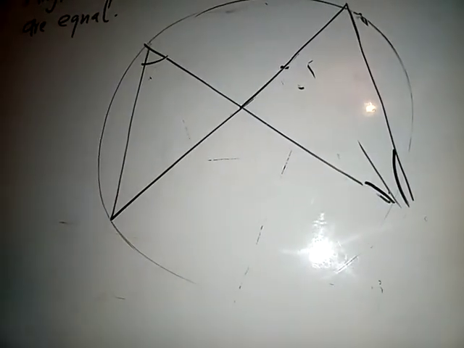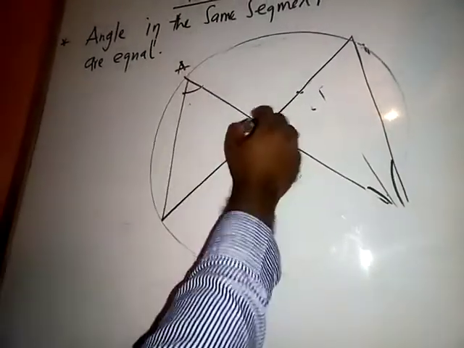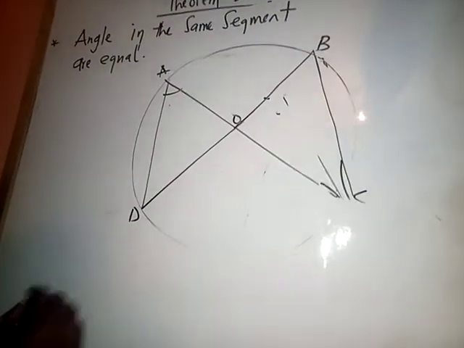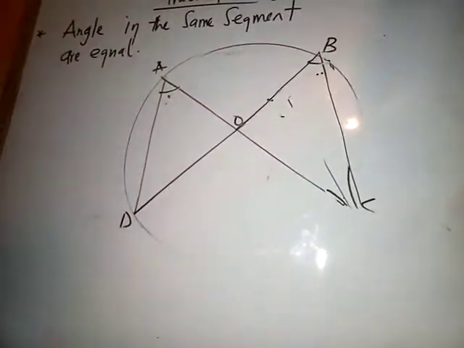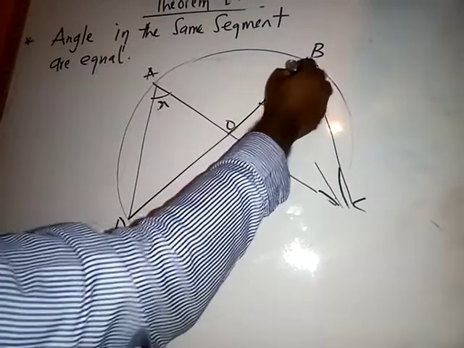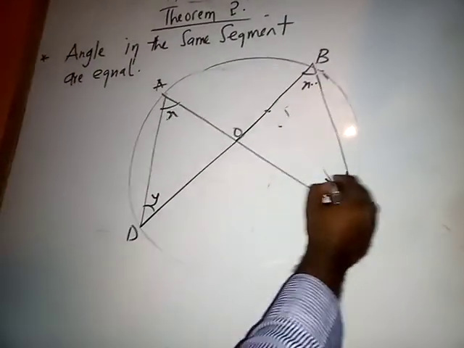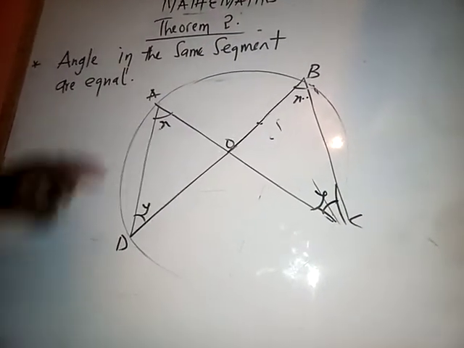Therefore, the law states that for angles to be in the same segment, let me name it ABCD with center O. The angle here will be equal to the angle here. So if here is x, here is x. If here is y, here is y. Now, how do you write it in terminology?